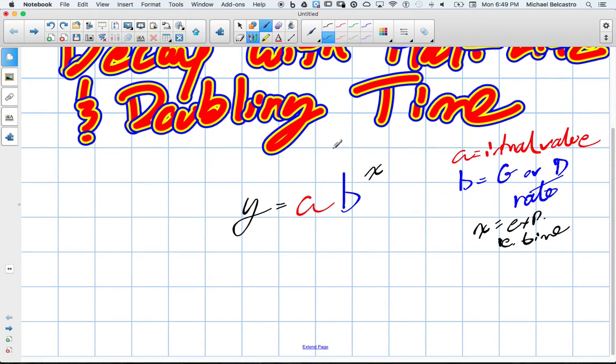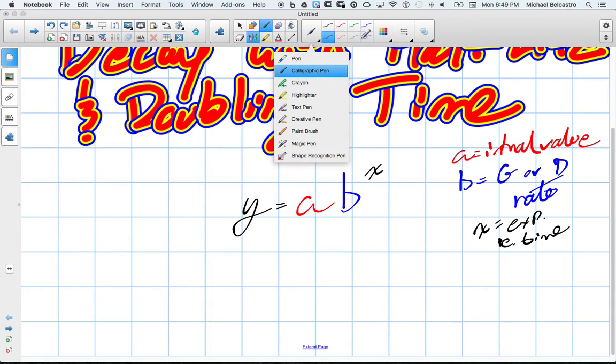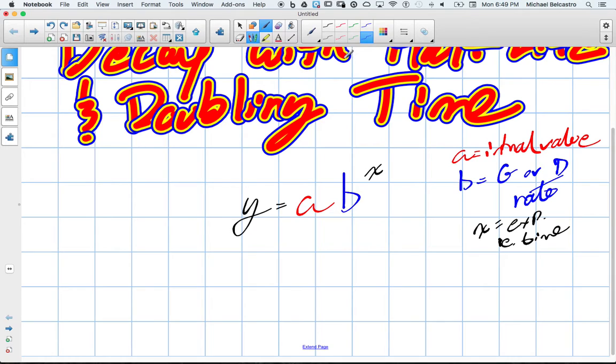Now, we can break this formula down a little more. If I want to split it into growth and decay, let's say growth we'll put as green, decay is red. Does that make sense for colors? If we're going to do decay, we have y is equal to a, and then in here you end up with 1 representing 100% of whatever you started with, minus your decay rate, usually written as a percentage.